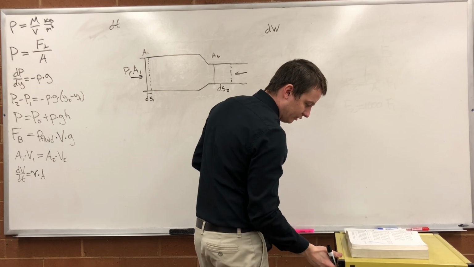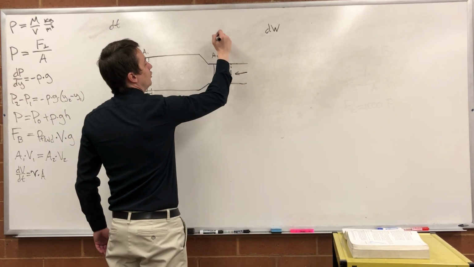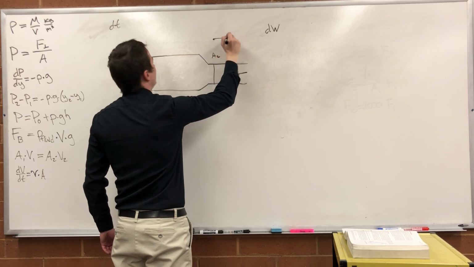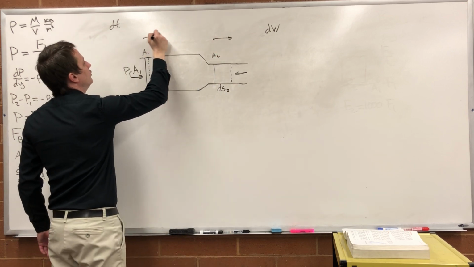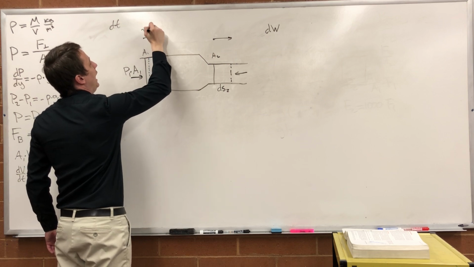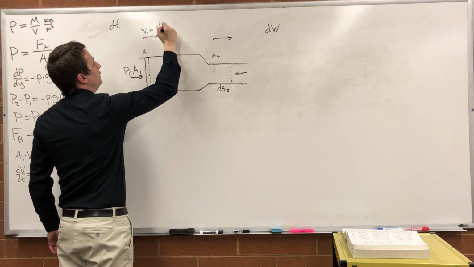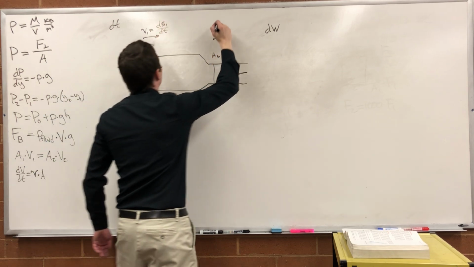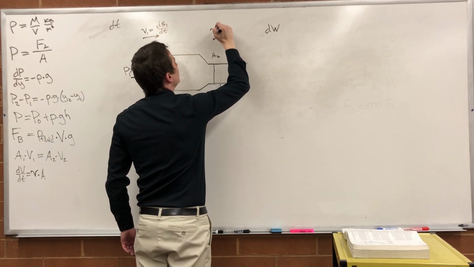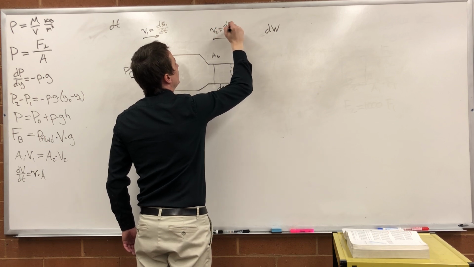At some point we'll need to reference velocity. So v1 is the velocity that this water is flowing with, and it is going to be equal to ds1 over dt. And v2 over here is going to be equal to ds2 over dt.